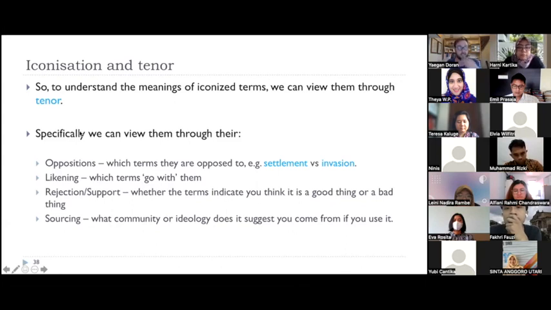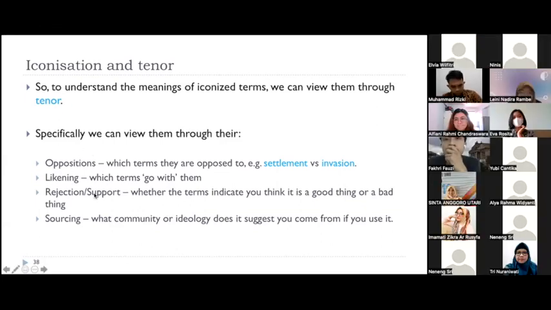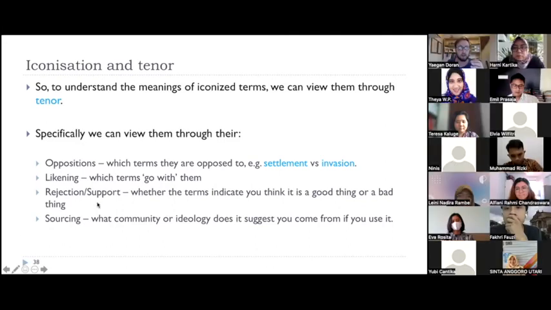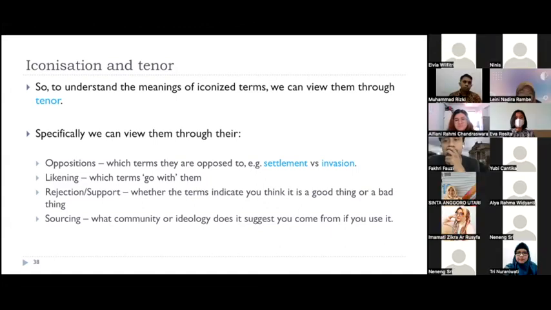Just like technicality for classification or composition or activity or property, oppositions, likening, rejection or support, and sourcing can be highly specialized meanings for different fields. And so as teachers, when we're teaching students academic discourse in these fields, it's really important that we're able to make explicit what these words mean.